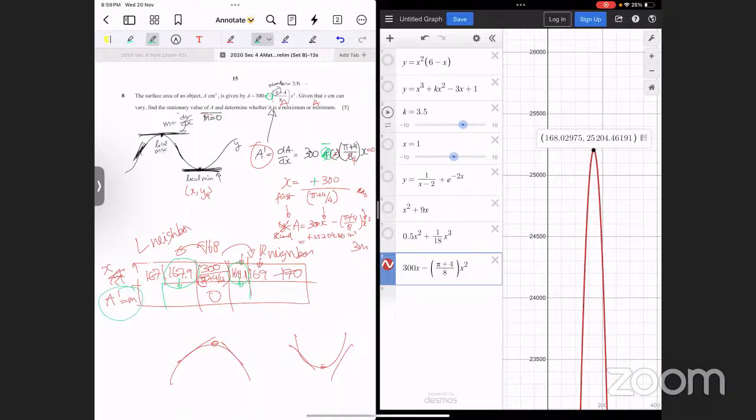Do you know why? We need to find the maximum or minimum. Yes, because at a maximum, the neighbor on the left will have a positive gradient and the neighbor on the right will be negative. Minimum is totally different. Does this make any sense? Yeah. That's why we test. Go and test, please.